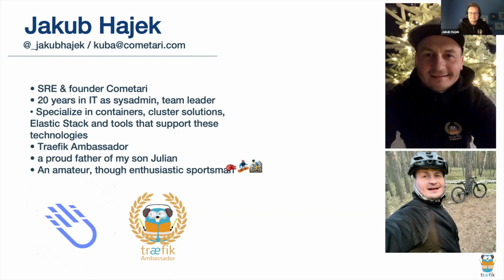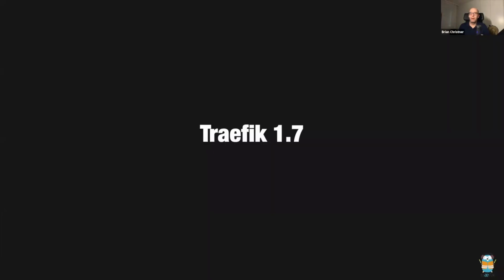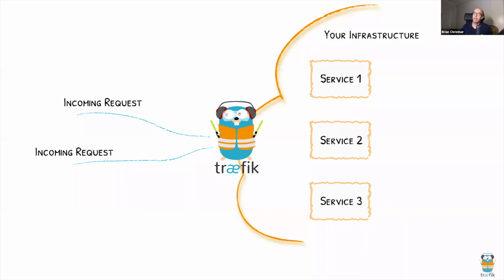Thank you, Jakub and Mert. All right, Traefik 1.7. Before we can go forward, we always have to look back. So we need a little background as far as what Traefik is. We're trying to get everyone on the same page to understand where we are. This is a very high-level diagram, coming right from the Traefik documentation.